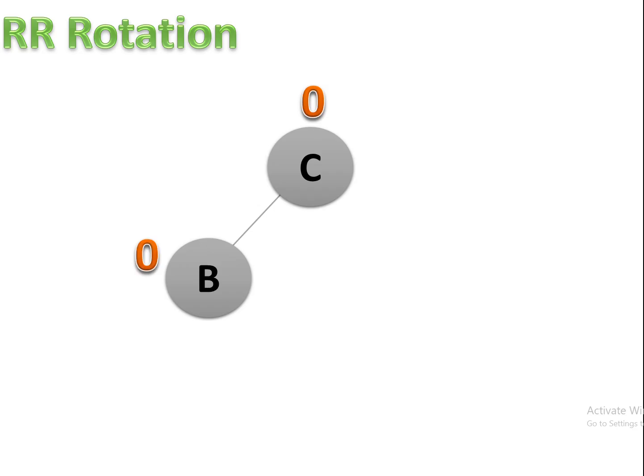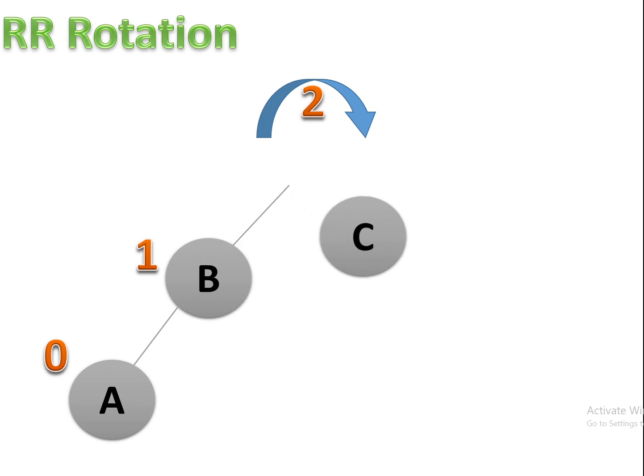And RR rotation is also the same. One node will be inserted and another node will be inserted. We check the balance factors, 0, 1. Again one more node will be inserted, that is A. A's balance factor is 0, B's balance factor is 1, because B has only one node, and C's balance factor is 2, because it has two levels below it.